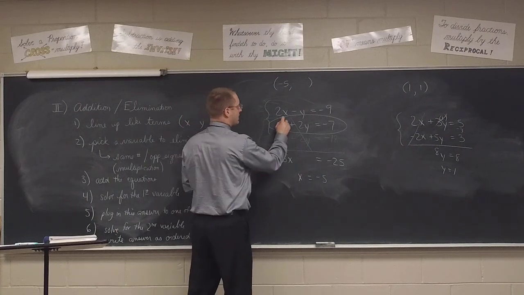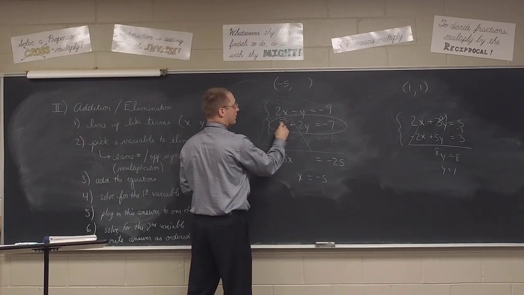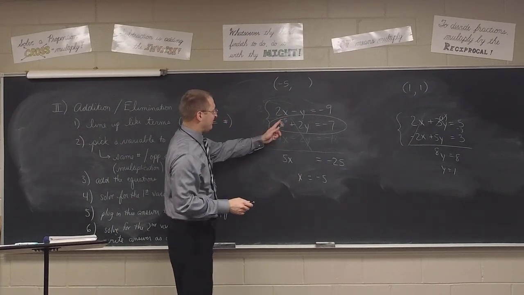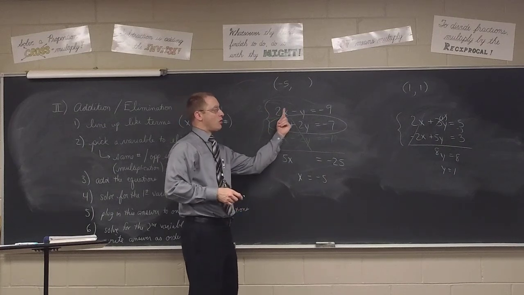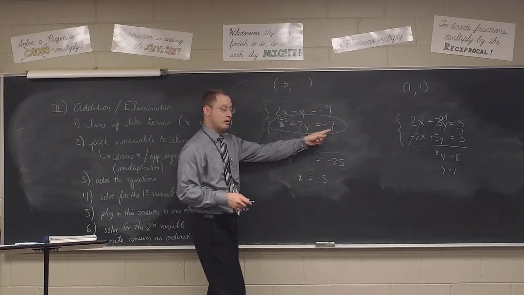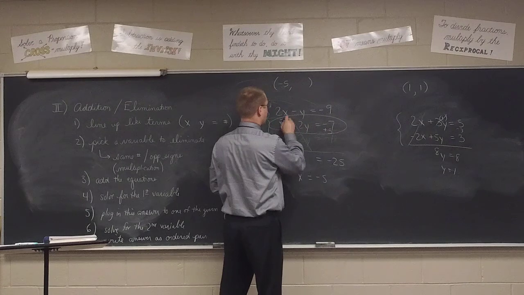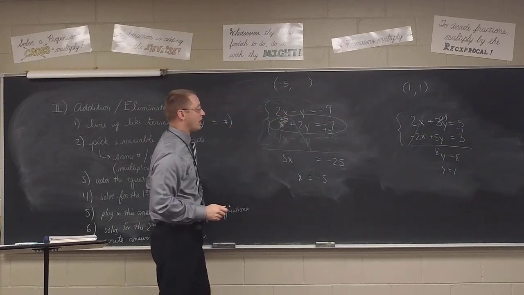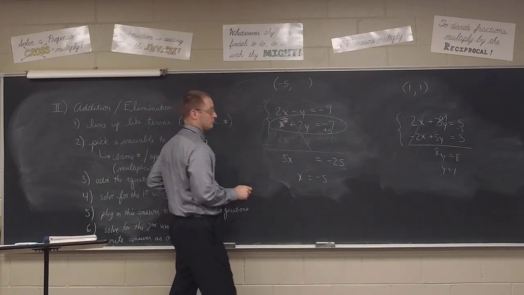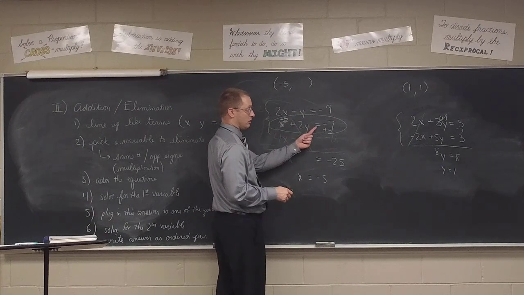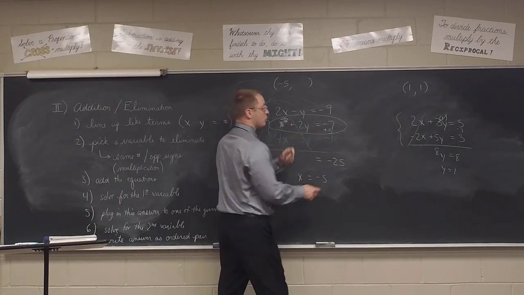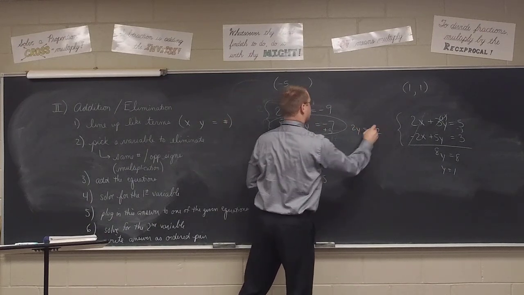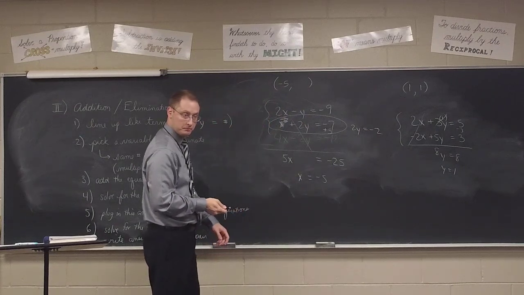And let's plug in our negative 5 for the x. Well, I can't leave it here. I need to move that negative 5 over, class, as a positive 5. What does my equation look like now? Two y equals negative 2. So apparently y is negative 1.